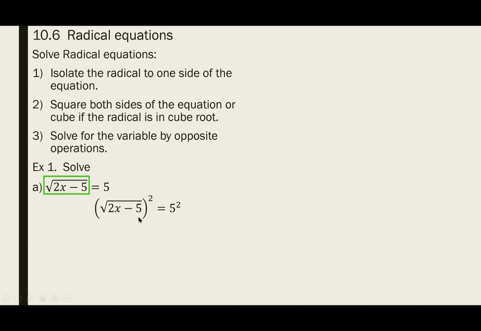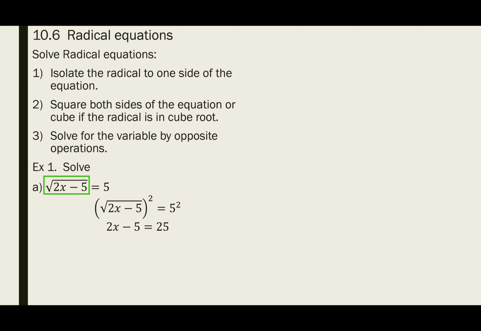The cancellation of the square root is squaring. To get rid of the square root, we need to square them. If we have a cube root, to get rid of the cube root, we have to cube. A square root and a square cancel out.